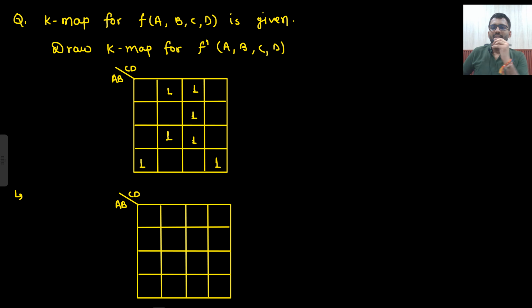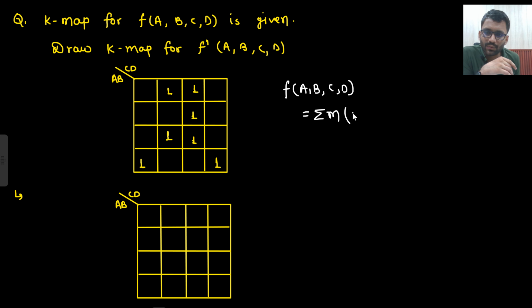Okay. K map for F(A,B,C,D) is given. Draw the K map for F bar. Let's just say, what is my F? F(A,B,C,D) is summation m 0, 1, 2, 3, 4, 5, 6, 7, 8, 9, 10, 11, 12, 13, 14, 15.